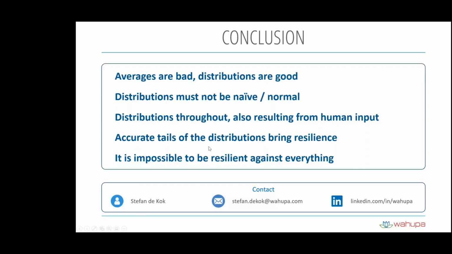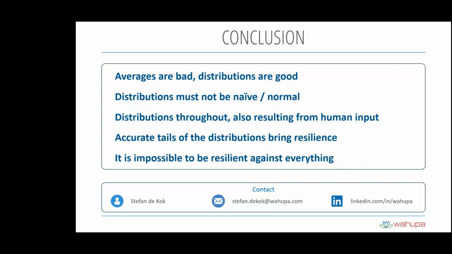And it's the tails of the distributions that are important. The lower tail is good for protecting yourself against things like obsolescence, but it's the upper tail that really allows us to work towards resiliency. And then finally, it is not possible to be resilient against everything. So if you were the United States or India, you could have prepared yourself to some degree against COVID.